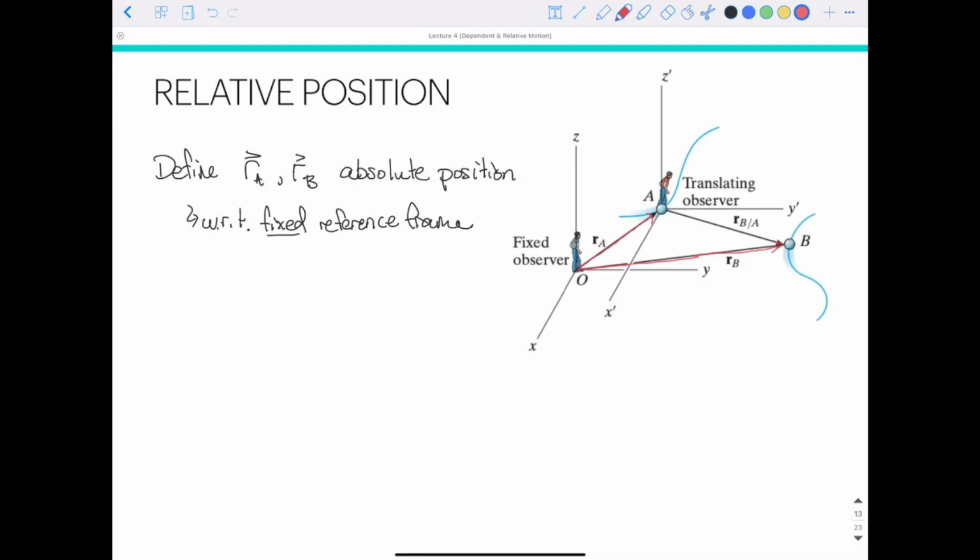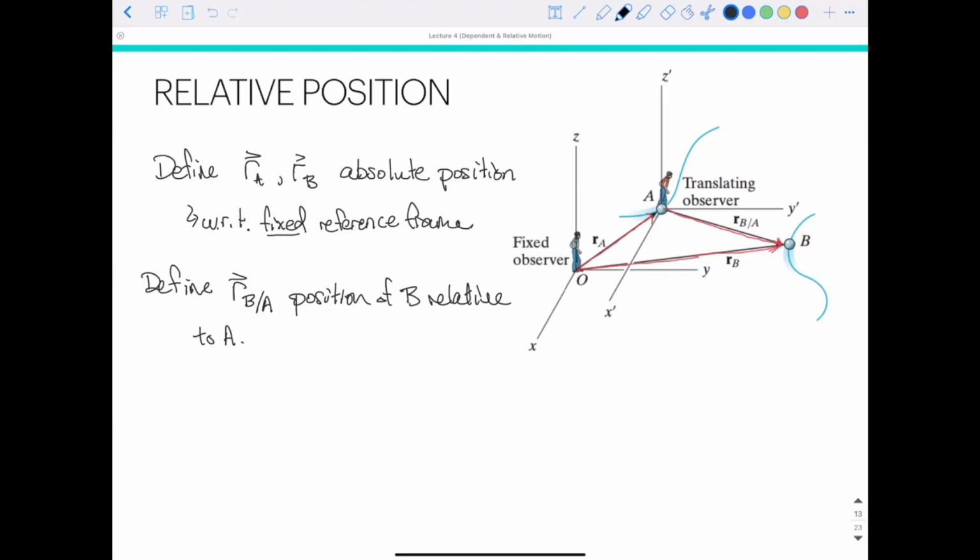And so we can describe the relative position vector of the translating observer with respect to particle B as RB/A. So we can define the vector RB/A as the position of B relative to A.